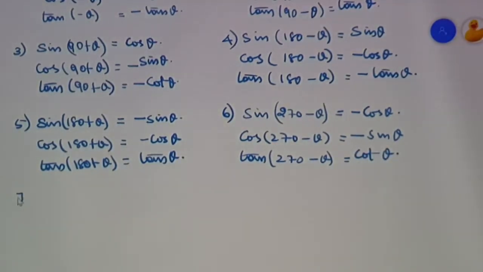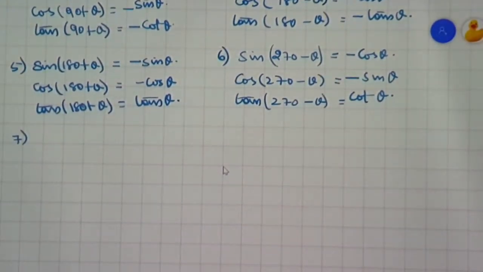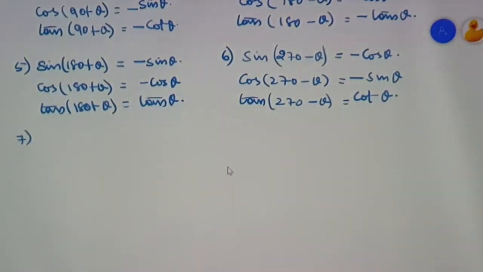Then the next, let us consider 270 plus theta. So sine of 270 plus theta is equal to minus cos theta.